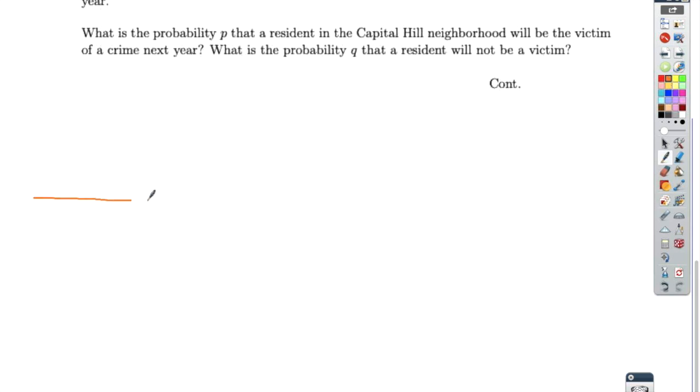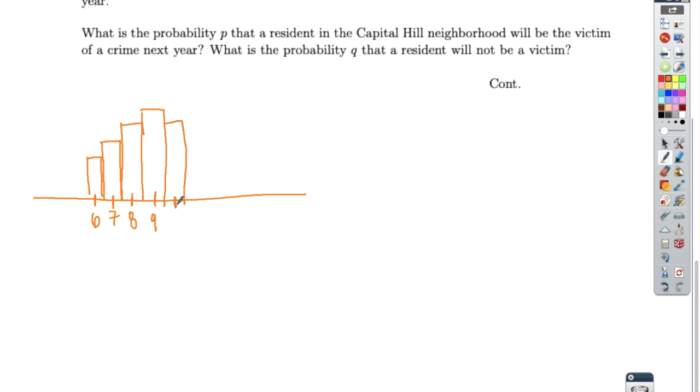Now, I don't know how far out this goes, but I do know that there's going to be a bar above 6, a bar above 7, a bar above 8, and I don't really know what the heights are. A bar above 9, and a bar above 10, like this.